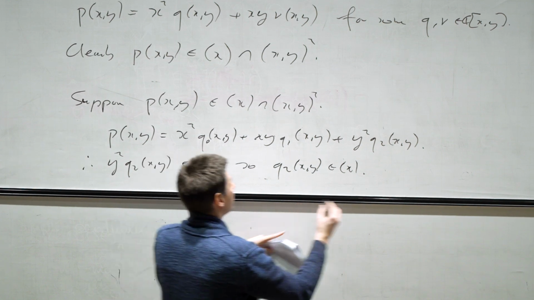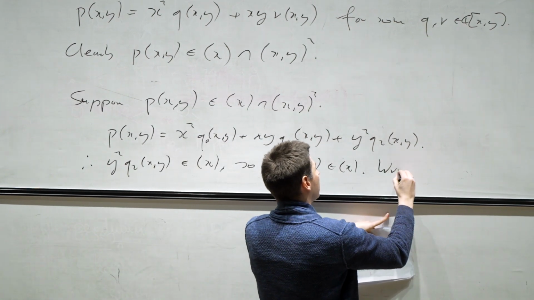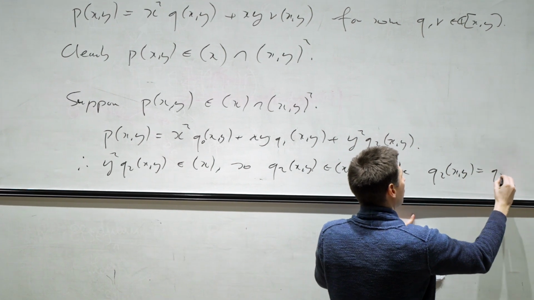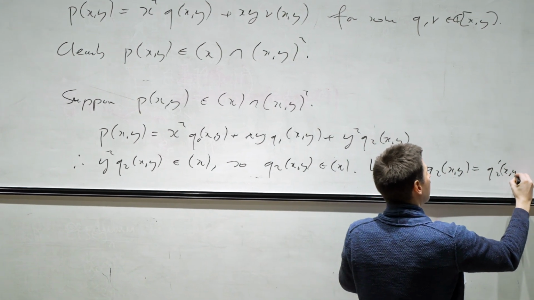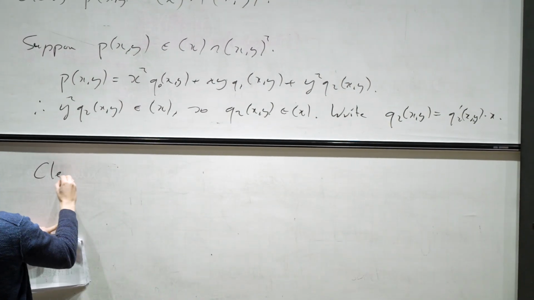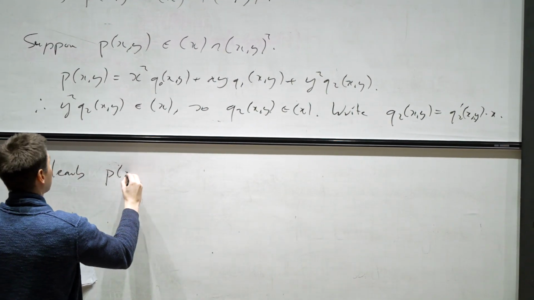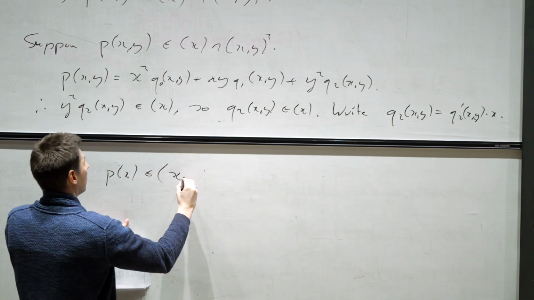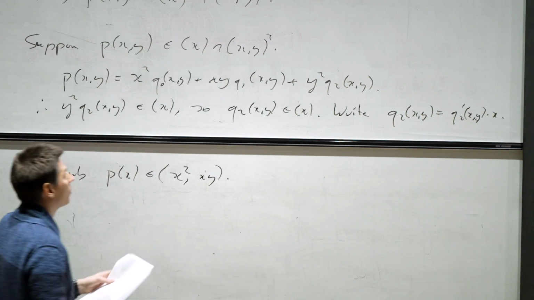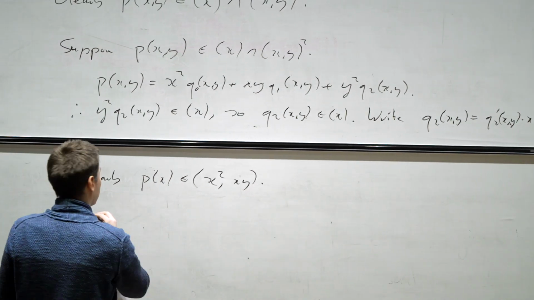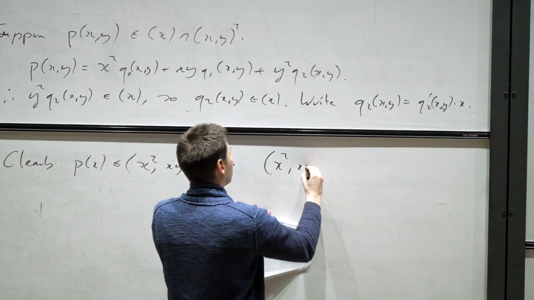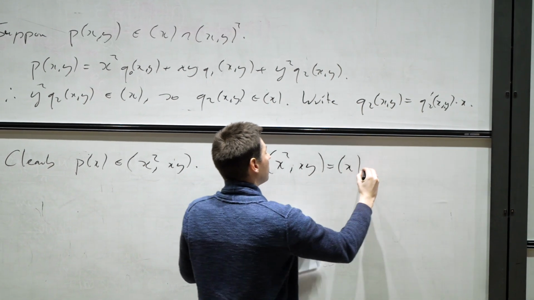So we write Q2 xy as Q2 prime xy times x, and now clearly P of x belongs to the ideal generated by x squared and xy. Okay, so we proved that the conclusion is that this ideal is equal to this ideal.